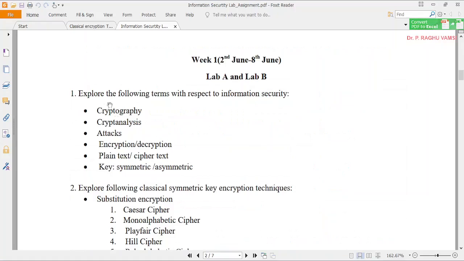As part of this lab, you are supposed to explore the following items with respect to information security: cryptography, cryptanalysis, attacks, encryption or decryption, plain text or ciphertext. So what is cryptography? I hope you might know the cryptography concept. Cryptography is nothing but the art of securing the data.